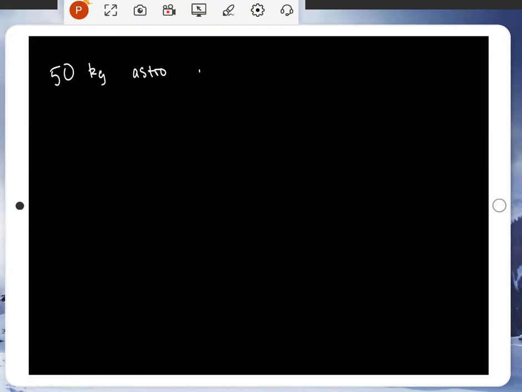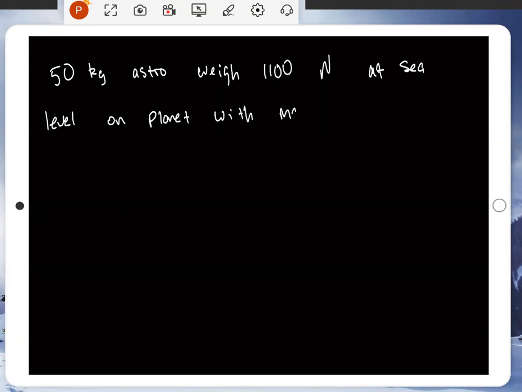So they weigh something, let's say 1100 at sea level. Okay, so here we got this.